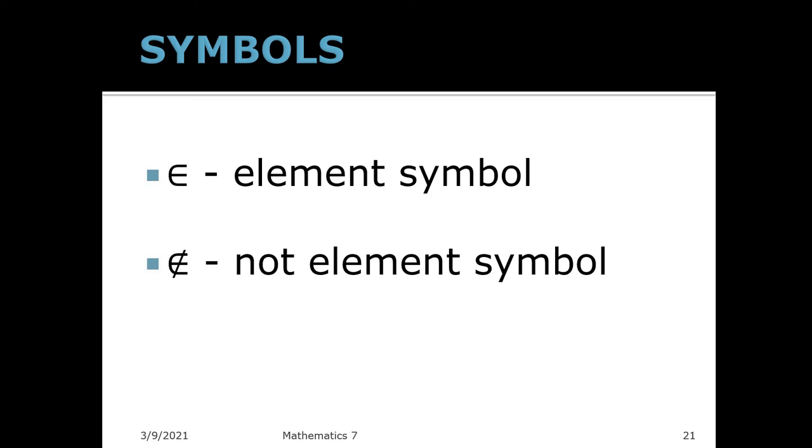So blue is an element of set V, which was mentioned earlier. Then let's say violet is not an element of the set of the colors of the Philippine flag. So we use this one. It's exactly the same Greek letter, but with a slash symbol.